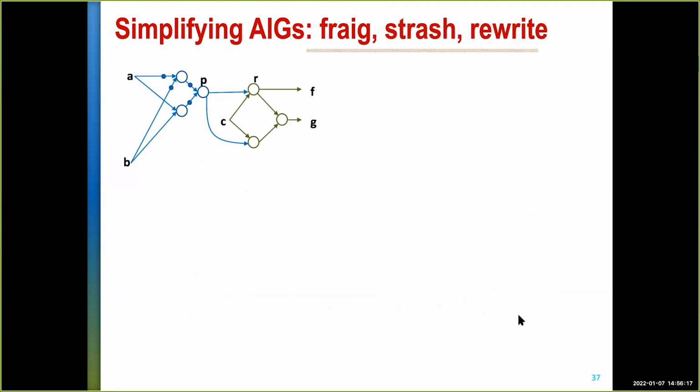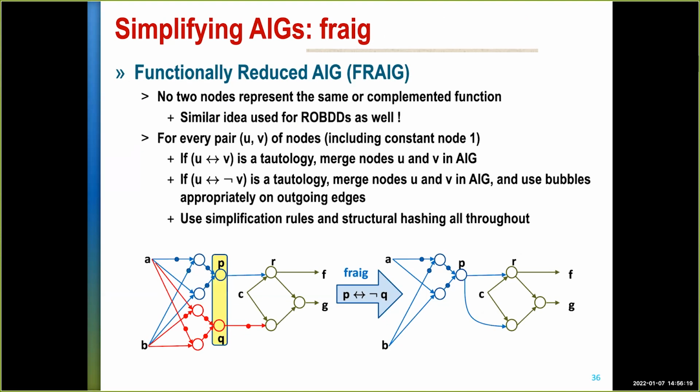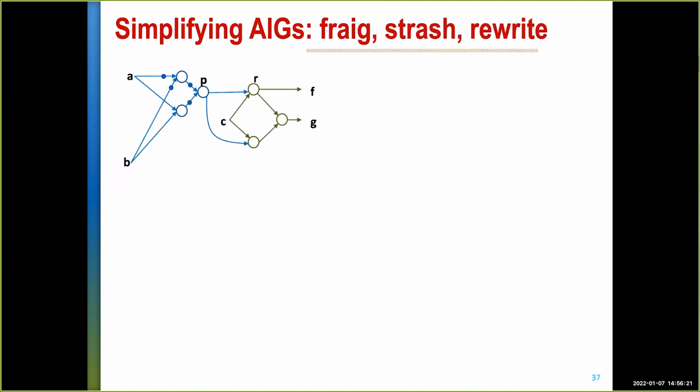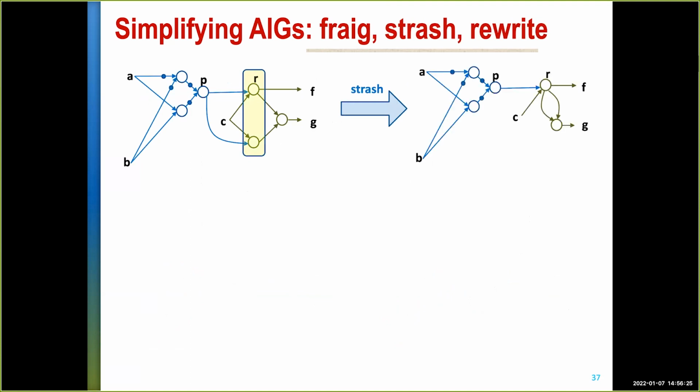So now I can do strash here, and this will give rise to just this node. There's a single node for both of these, but if there's a single node for both of these, then G has both its inputs coming from the same node. So I don't need G at all. It is like R and R, so it is R really.